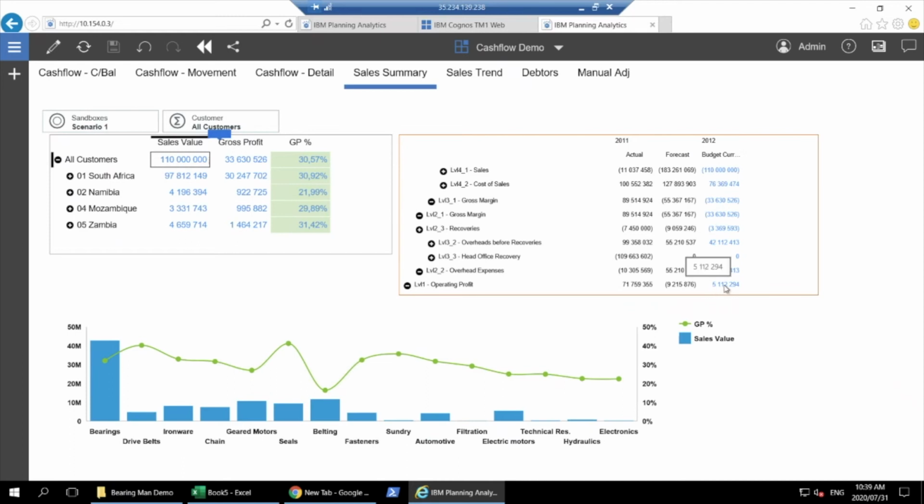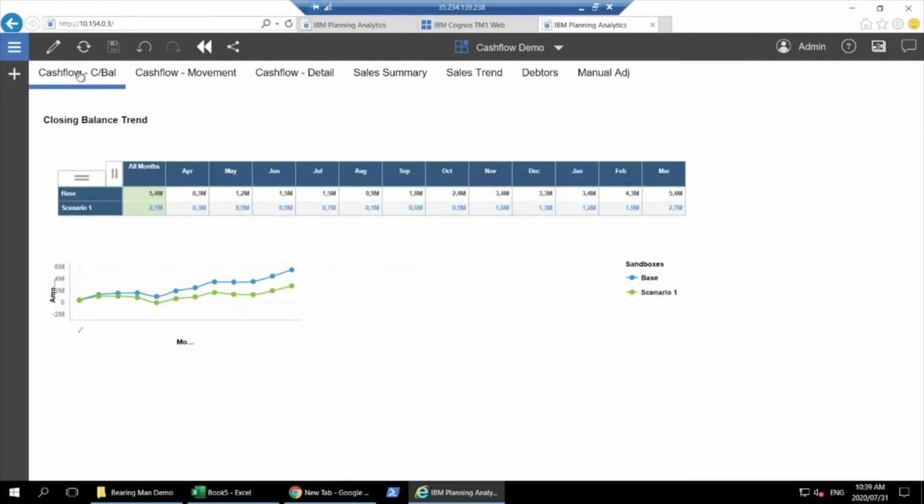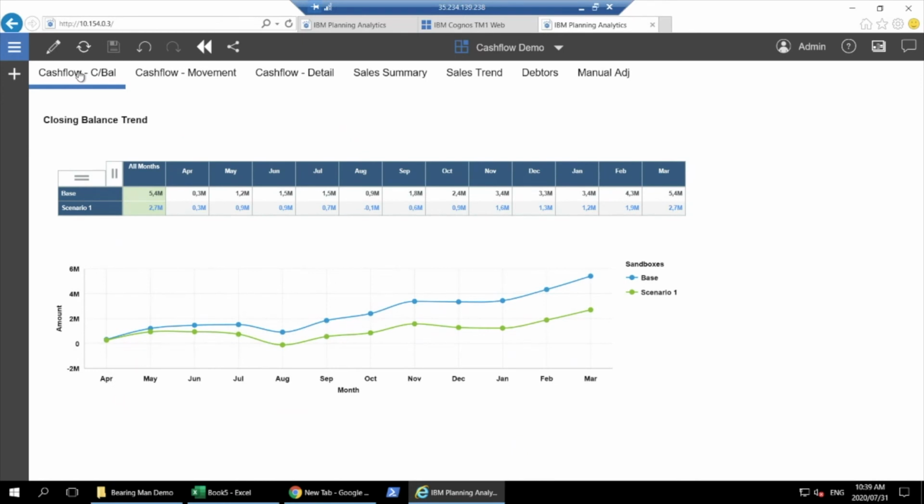You can see your profit for the year, and the sales is matching that 110. If you want to look at the closing balance, we can click on it, and lo and behold, you can see how in scenario 1 our closing balance has dipped to 2.7 million. We've got a bit of a worrying situation where in August we are going into negative 100,000 on the cash side.